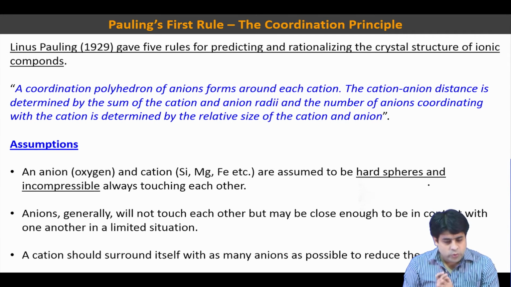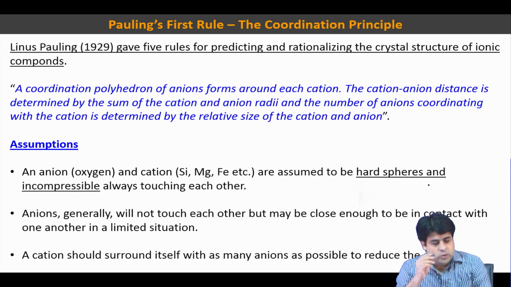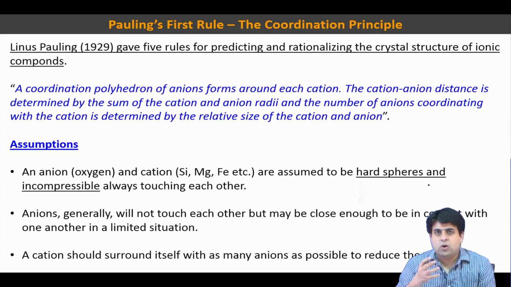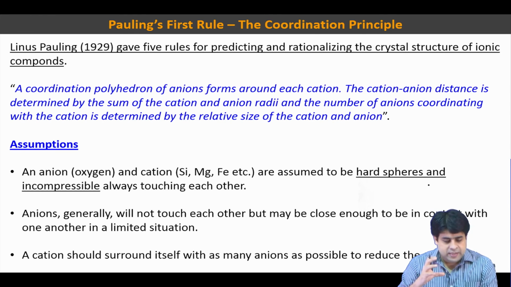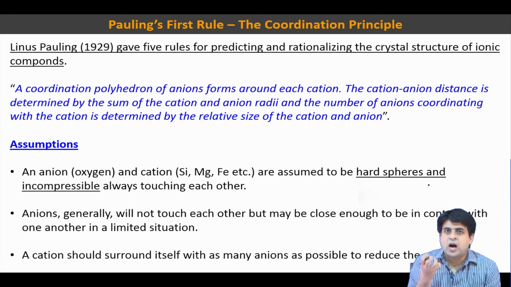To understand this first coordination principle, we have to assume a couple of things. The first is that the anion is always oxygen and the cation is the other elements, and these anions and cations are assumed to be hard spheres.